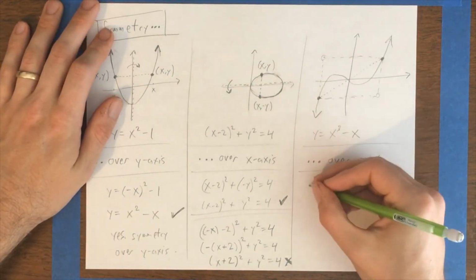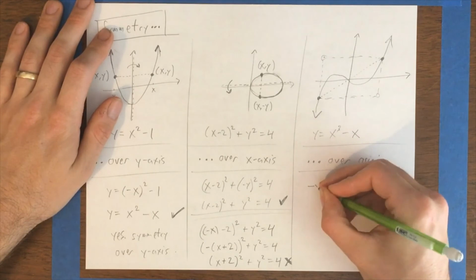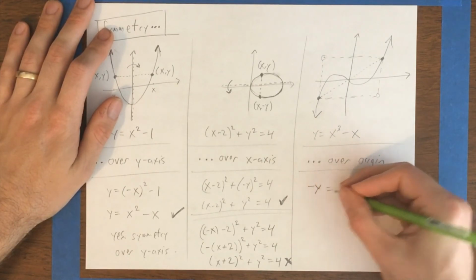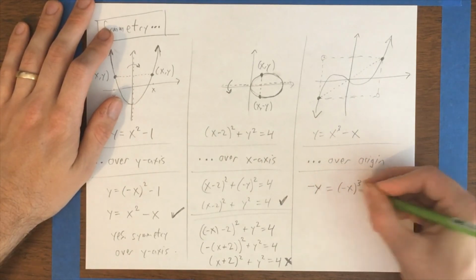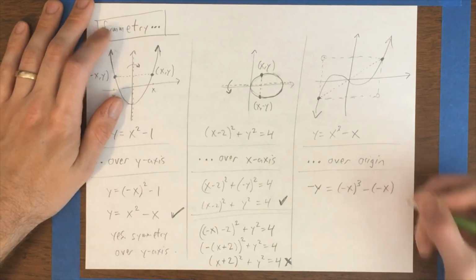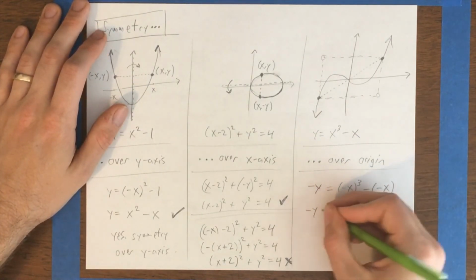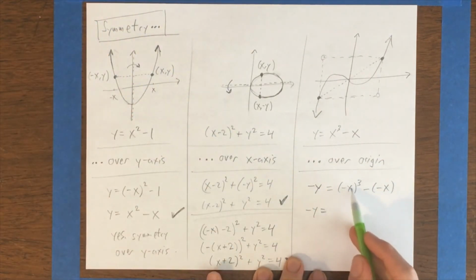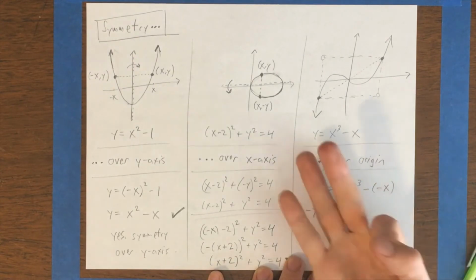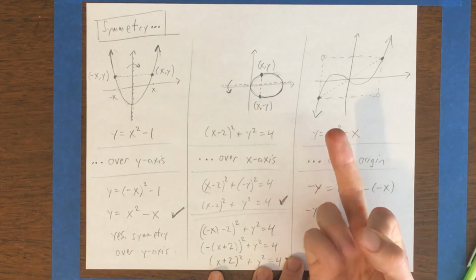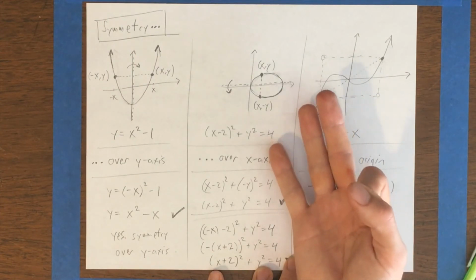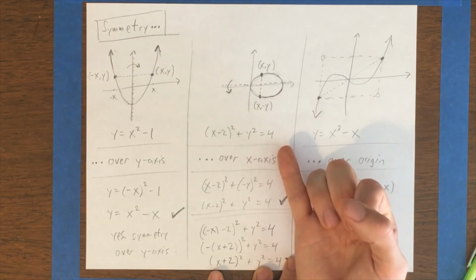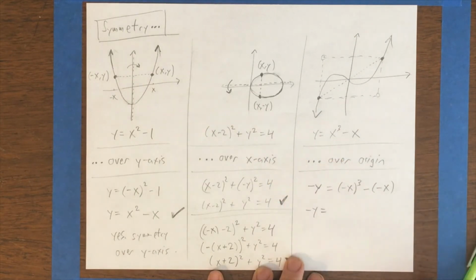So here, if I do negative y instead of positive y, and then I do negative x instead of positive x, well, on the right-hand side of this equation, I have negative x cubed. When you cube a negative number, it's still negative, right? Three negatives, two of them cancel each other out, and you still have one negative left over.